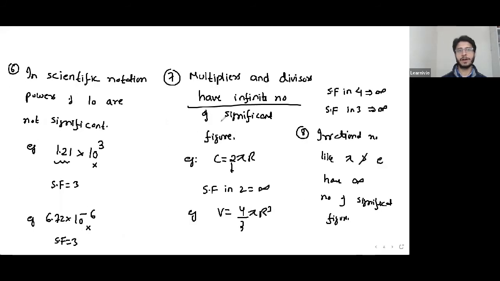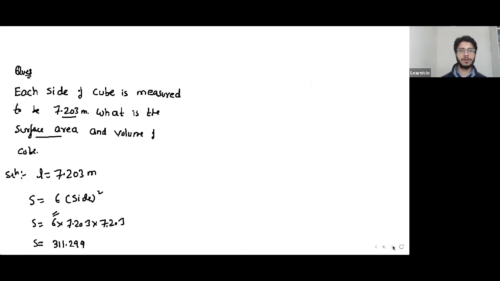Multipliers and divisors have an infinite number of significant figures, right? Like this 2, it has an infinite number. Similarly, that 6 is a multiplier, so it has an infinite number of significant figures. This has 4 significant figures, this has 4 significant figures. So what's the minimum number of significant figures?